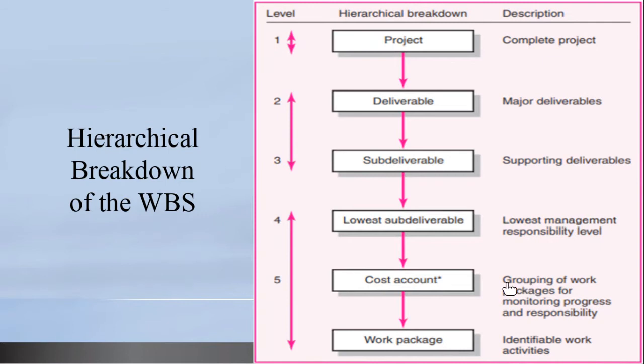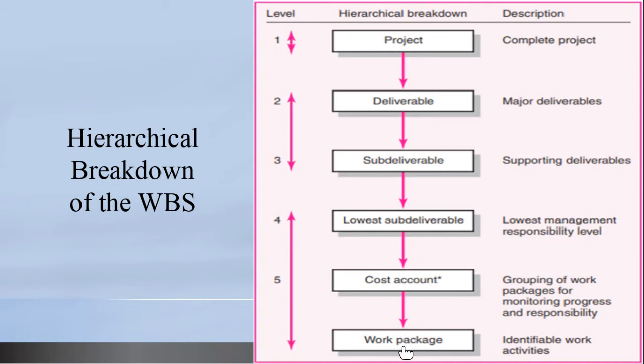So it is the grouping of work packages. Remember now, a work package is the lowest possible breakdown of the activities and or components. Why? Because you can assign a duration that it will take to deliver the activity or the element or the subcomponent, or you can cost all the resources required to deliver it.